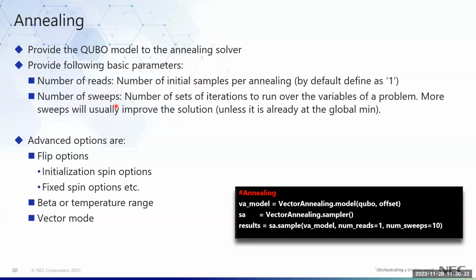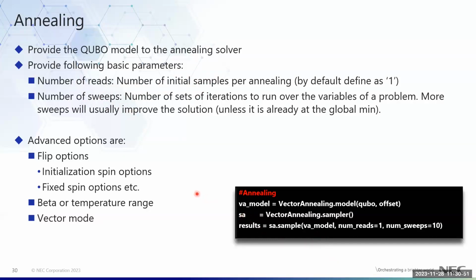Number of sweeps is basically the number of iterations to run over the variables over and over again. So more sweeps will usually end up improving the solution unless you've already achieved the global minimum. So these are two parameters that you have to provide to the model along with the QUBO.